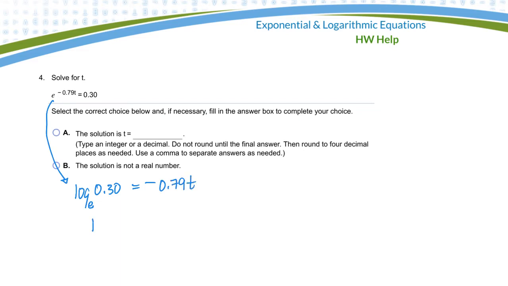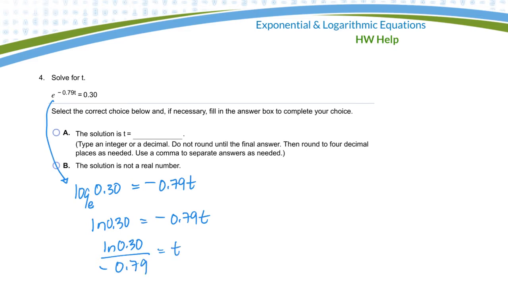Log base e is the same as ln, so it's ln of 0.30 is equal to negative 0.79t, and I'll divide both sides by negative 0.79. So ln 0.30 divided by negative 0.79 is equal to t.